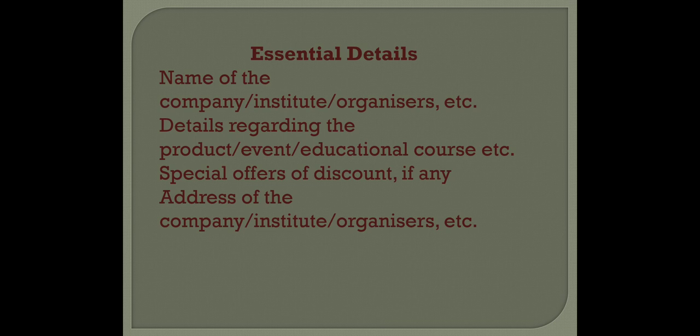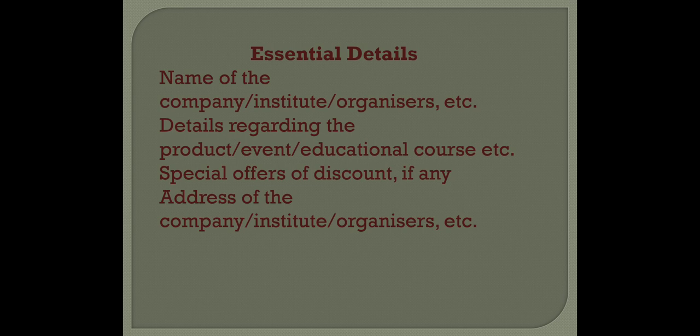Because we always advertise because we want results. So if we want results, we need to allure our onlooker, whosoever is reading our advertisement, whosoever our advertisement is serving. Those people should really get allured. So we need to highlight some offers if they are there.